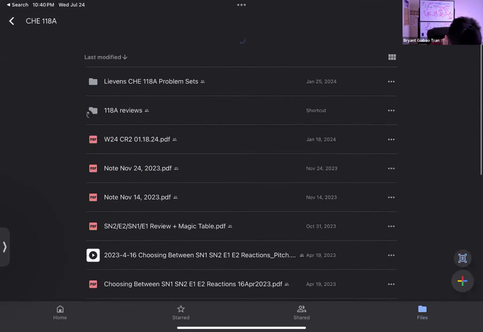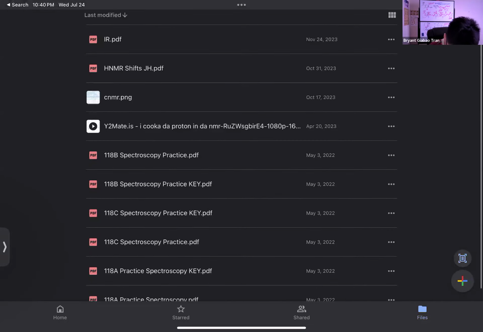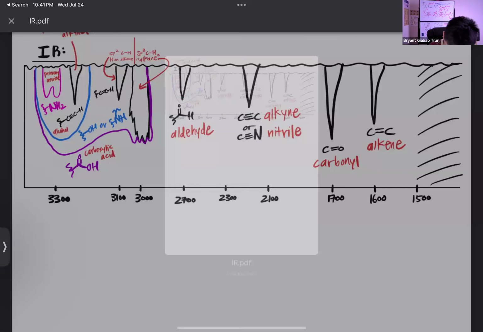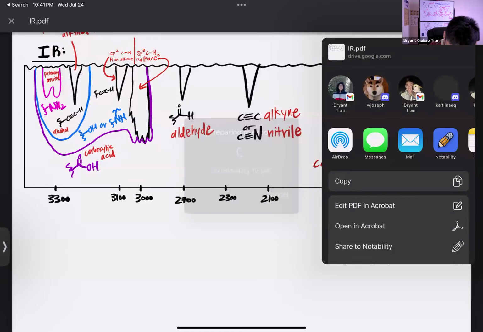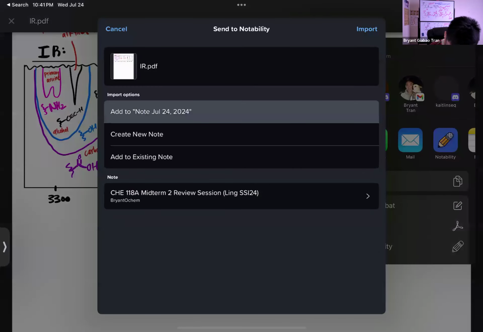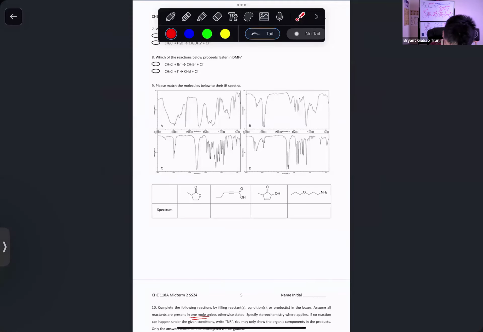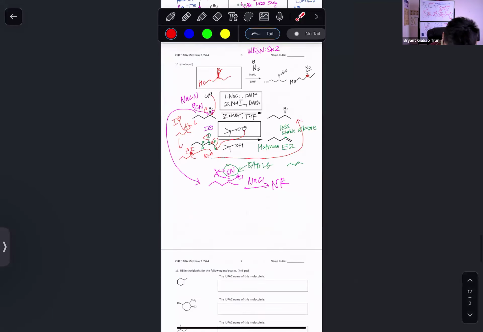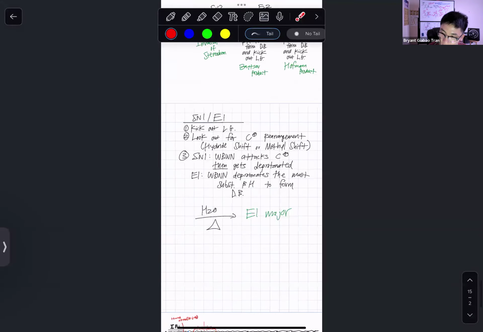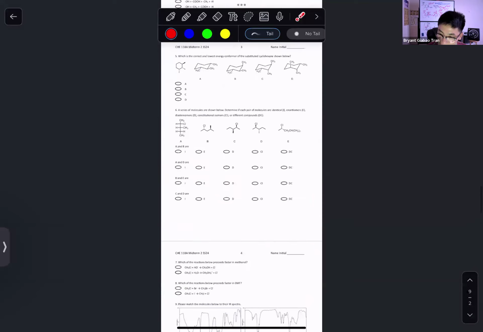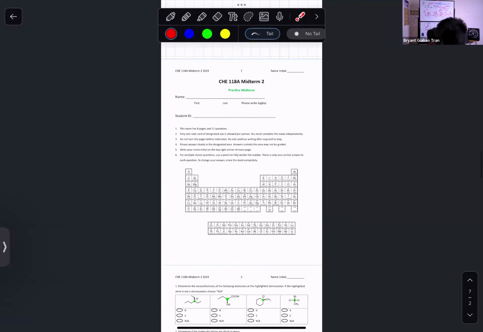Where's my spectroscopy stuff? Right here. Yeah, okay. Let's do number 5 and then number 6 on the practice midterm.